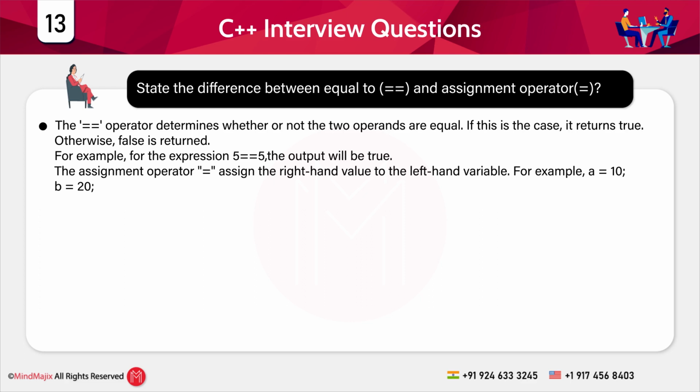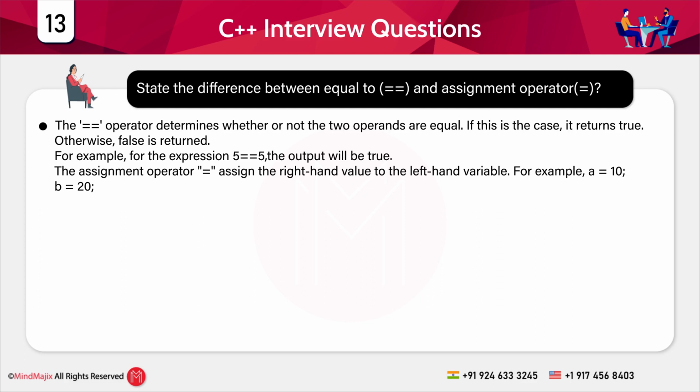Whereas if you talk about the assignment operator, which is a single equal to, here you assign the right hand side value to the left hand variable. For example, a equal to 10 and b equal to 20. Here you're simply assigning the value of 10 to the variable a, and the value of 20 to the variable b.